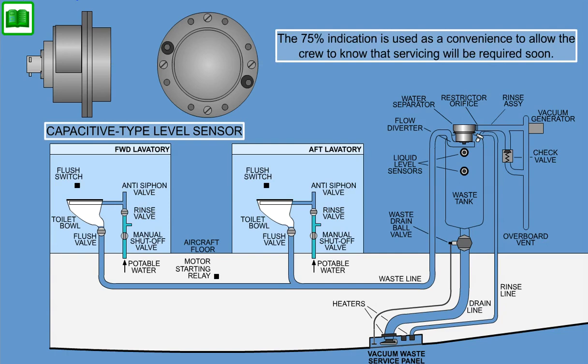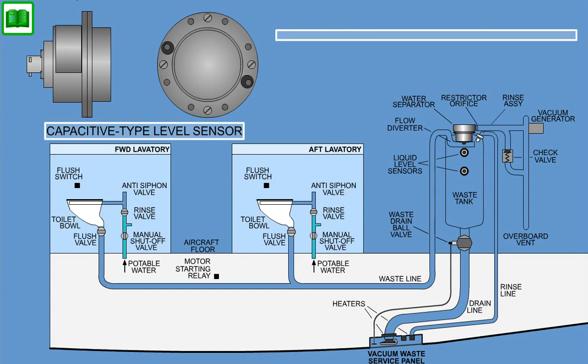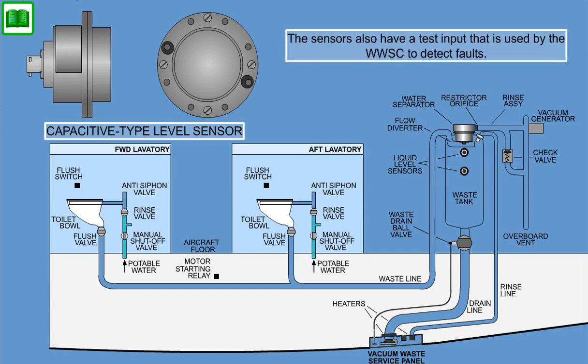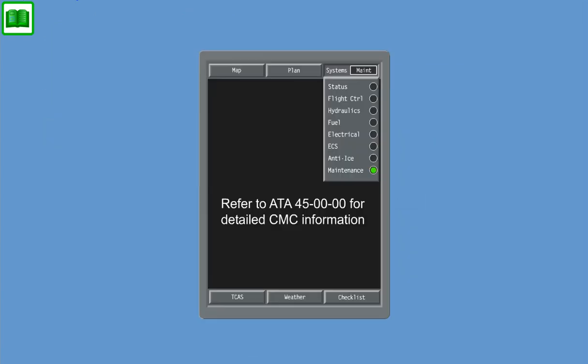The 75% indication is used as a convenience to allow the crew to know that servicing will be required soon. The sensors also have a test input that is used by the WWSC to detect faults. Sensor failures will be indicated on the CMC.